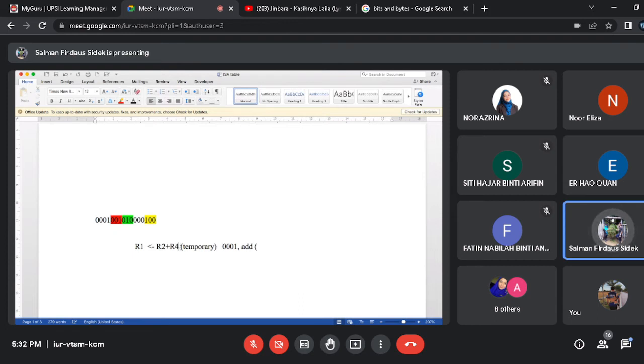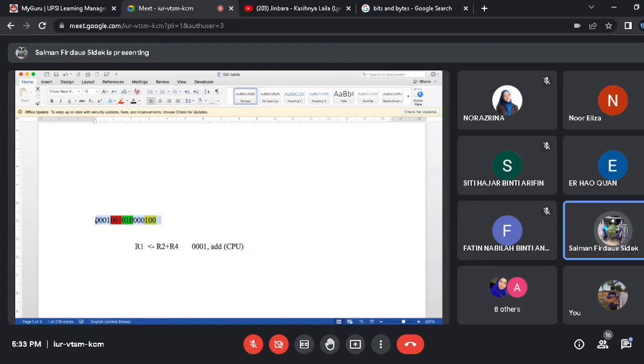Memory, CPU, input, output, or control unit? CPU. So this process is happening in the CPU. It means R1, R2, R4, everything is in the CPU, in temporary. So this is how the control unit understands the instruction given to it.